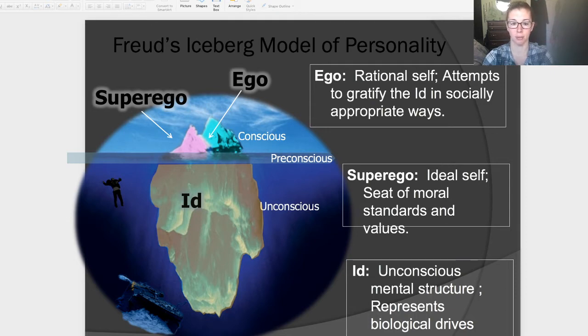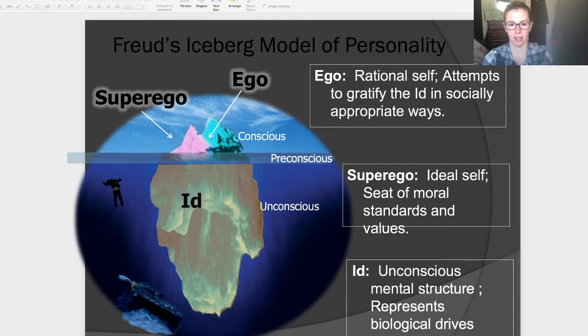And so that is representing our unconscious mind, our unconscious mental structure. And it represents our basic biological drives. Freud said that really most of what we deal with, most of our personality, most of our issues come from those basic biological drives. Hunger, food, water, sex, those kinds of things.